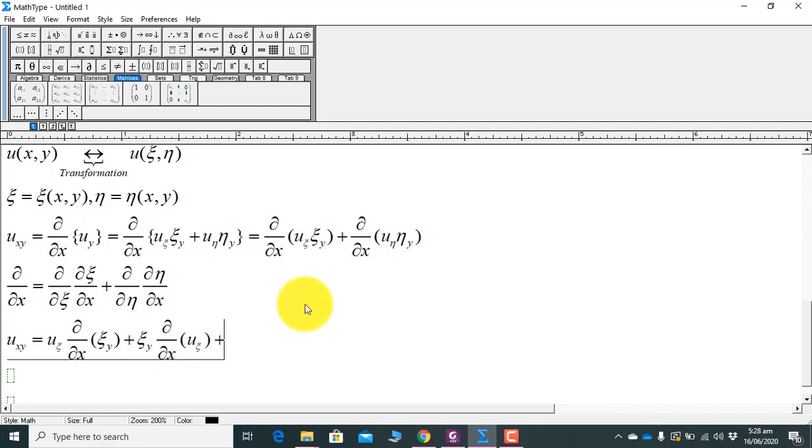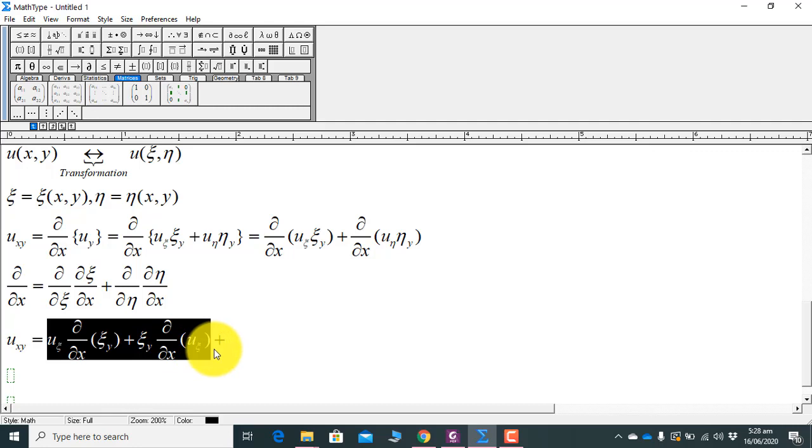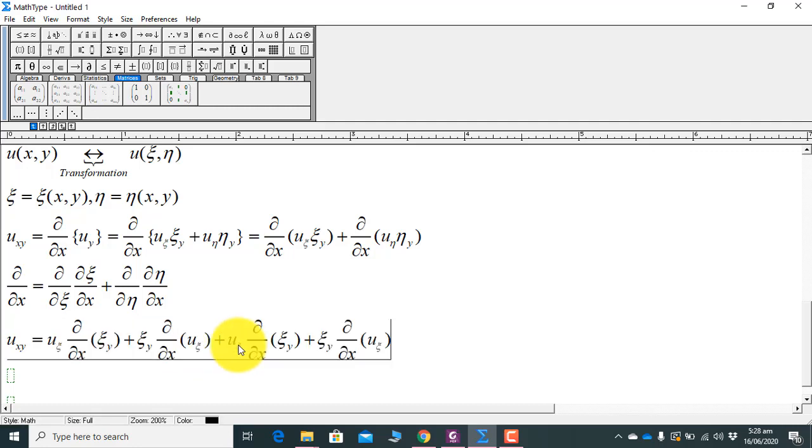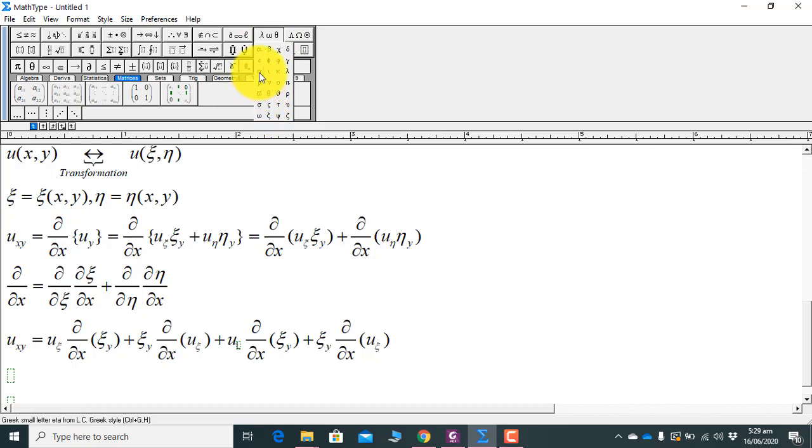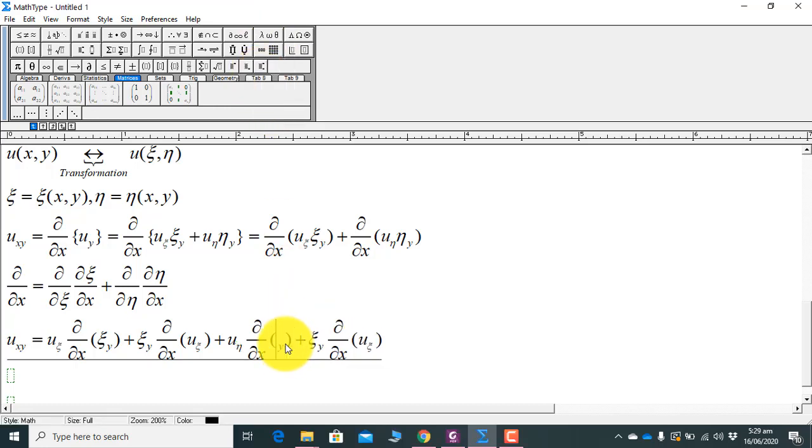Similarly you should apply the chain rule here, but with respect to y, sorry, with respect to eta: u_eta eta_y.